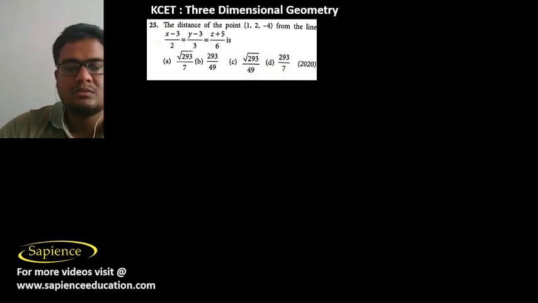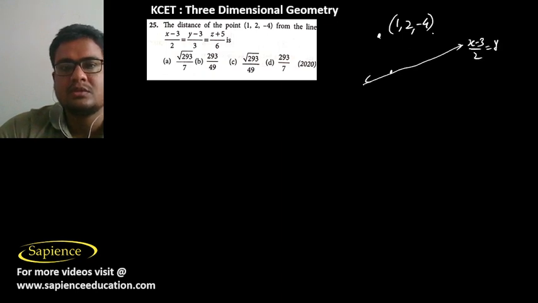Then question number 25 asks the distance of the point 1 comma minus 2 comma minus 4 from the line x minus 3 by 2 equal to y minus 3 by 3, equal to z plus 5 by 6. So let the foot of the perpendicular drawn from the point P on the line be M. So we have to find the length PM.